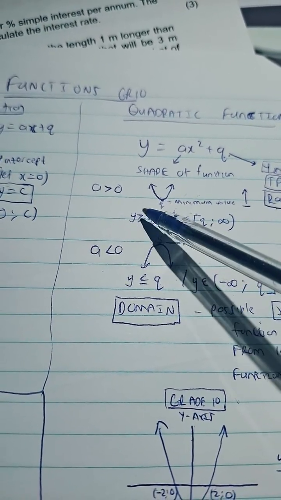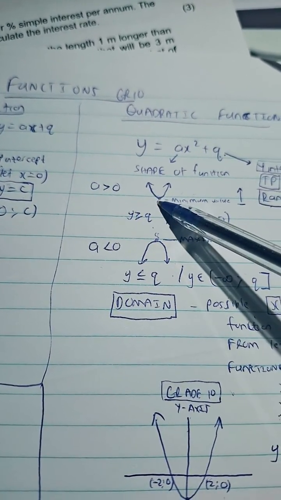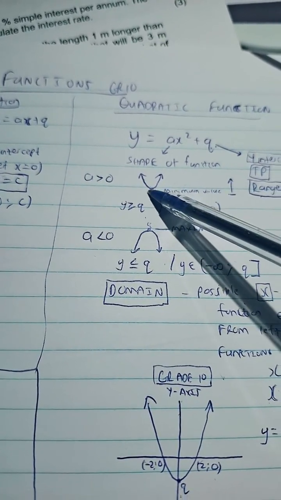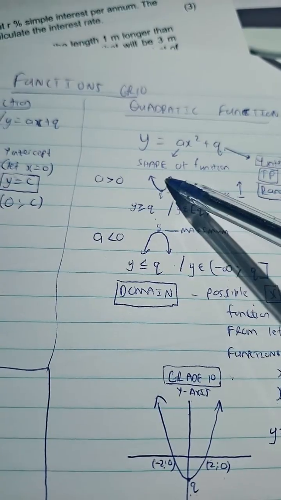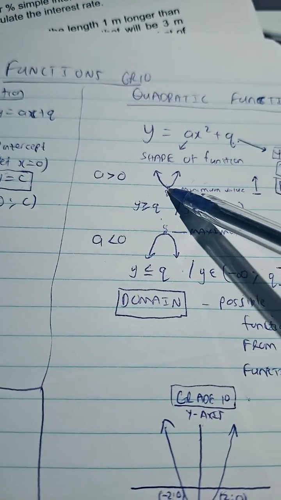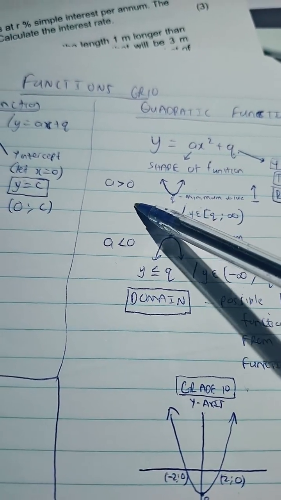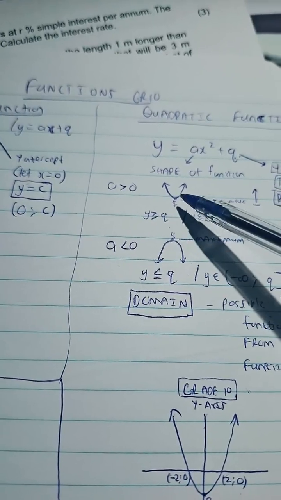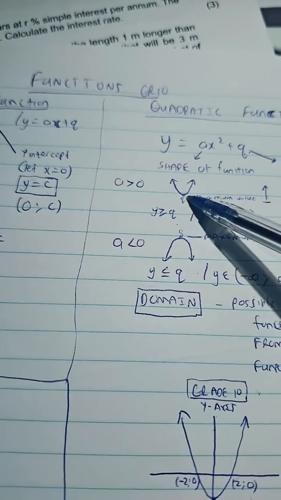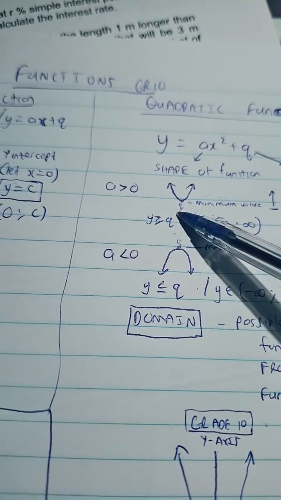The function will exist where y is greater than this minimum value, which means above, and you can see that the function really is above this q value. Greater than means above, and it's also existing where the function is on the q value, which means equal to q. So this is how we would write the range. But if we know the specific q value, obviously we're not going to write q. If q was 2, then you would say y is greater than or equal to 2 for the smiling guy.